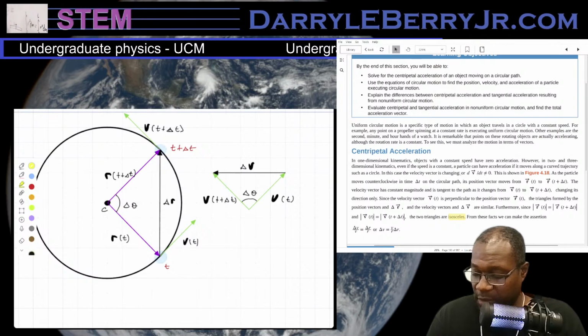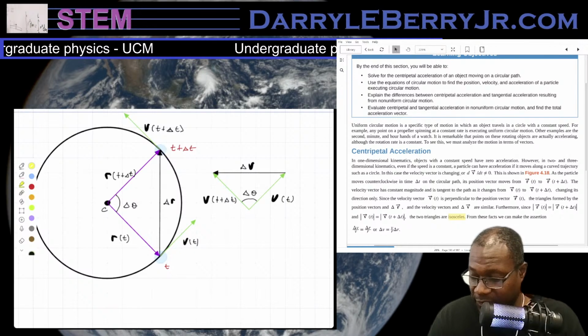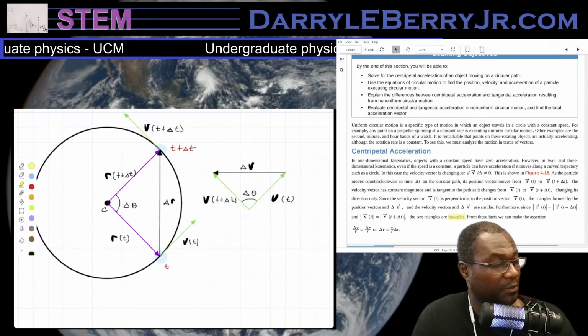That the angles, they're at right angles to each other. So however much the R angle changes, the V angle will change by the same exact amount. So that means that the relative distance between the two will be the same. So the ratio should be the same.